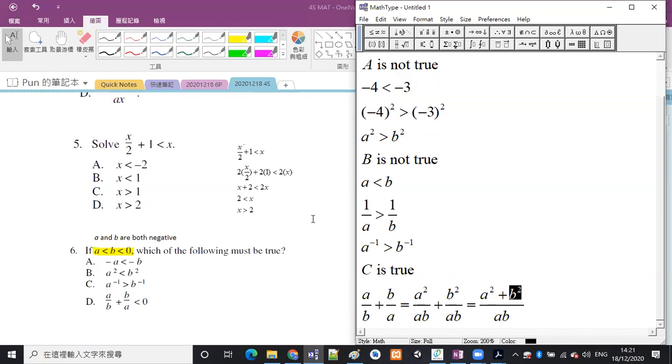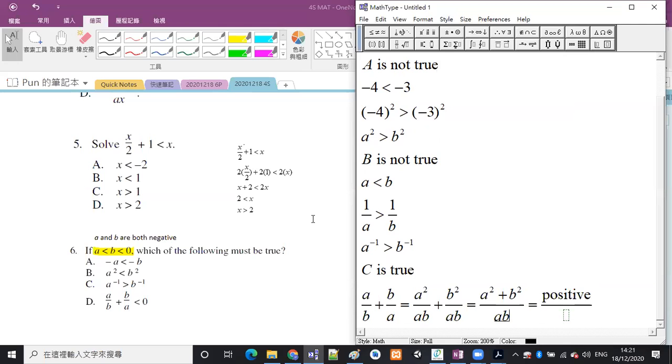No matter whether B is positive or negative, B squared must be positive, which means that in this fraction, the numerator must be positive. But how about the denominator?